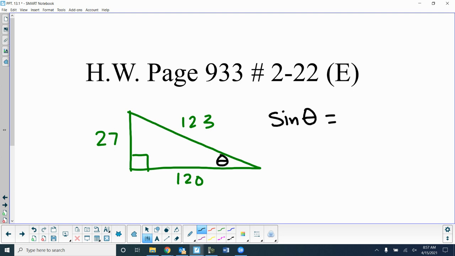Right, so what's opposite? Yeah, 27. Right, 123. Good. Now, 3 goes into all of those numbers. So I would have done this.